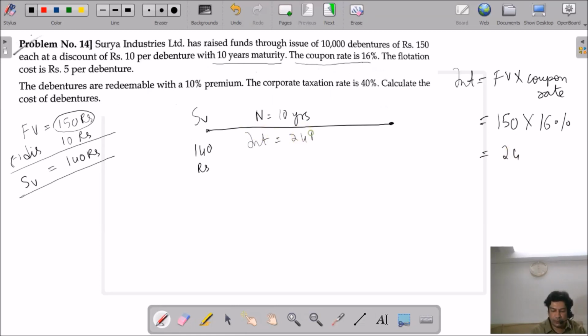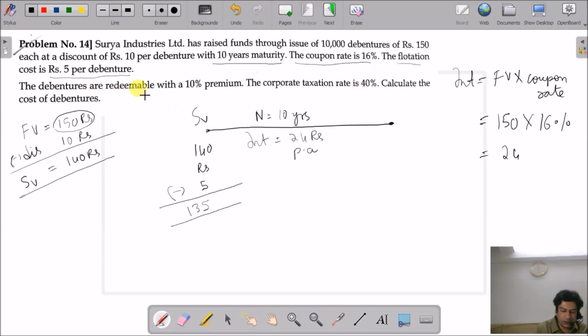Then the flotation cost is rupees 5 per debenture, so minus 5 rupees. So net I have collected 135 rupees. This we have done in cost of preference shares: out of the 140 rupees you sold the debentures for, 5 rupees has gone for flotation cost. So in hand your net proceeds are 135 rupees only.